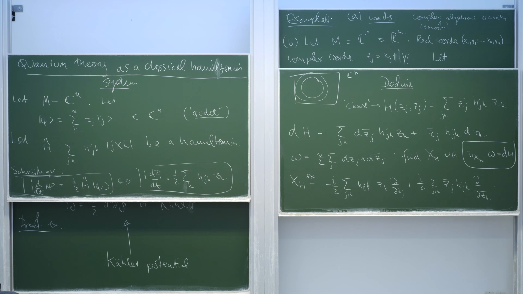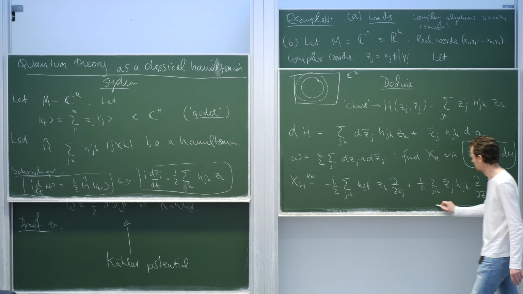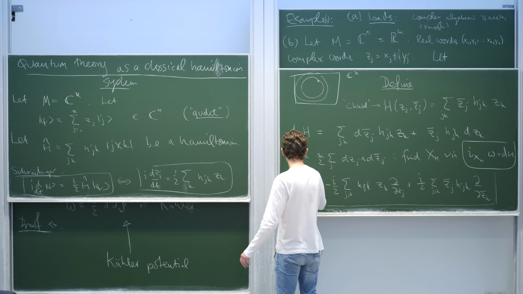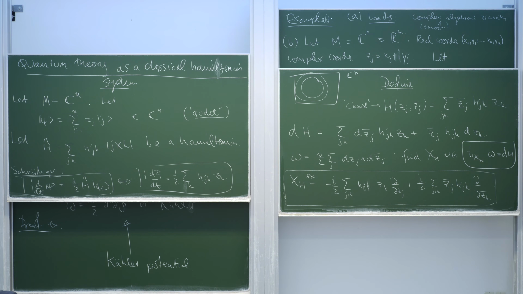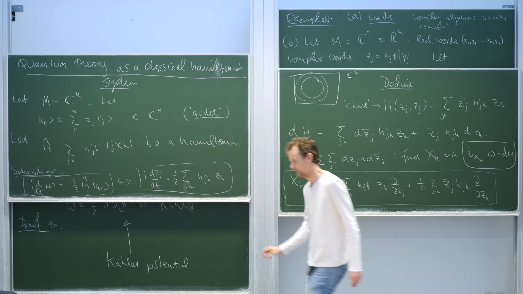And that's what you get. You get this vector field popping out from that particular Hamilton function.